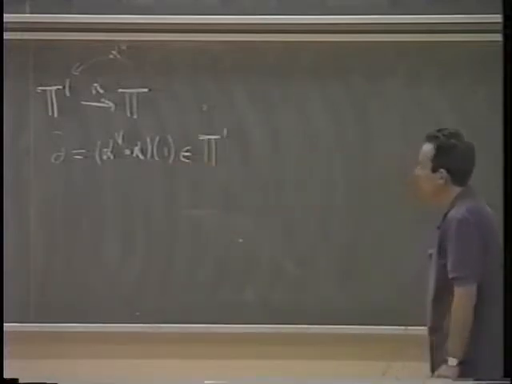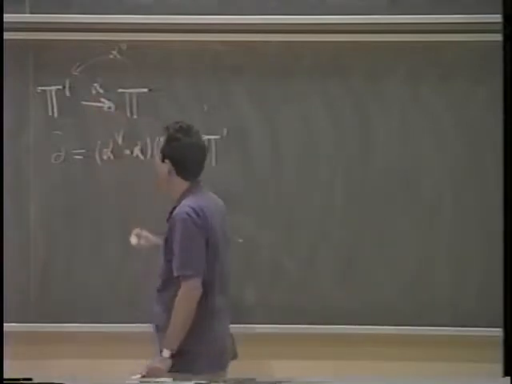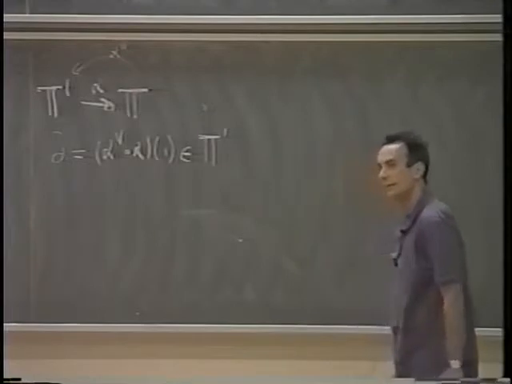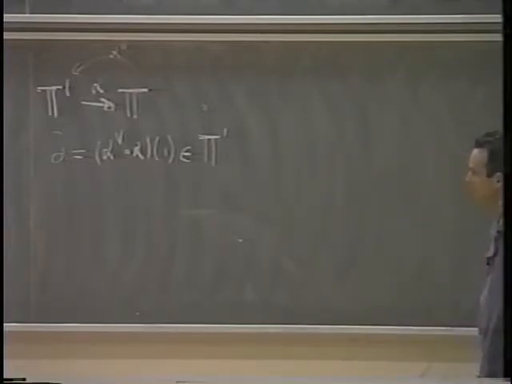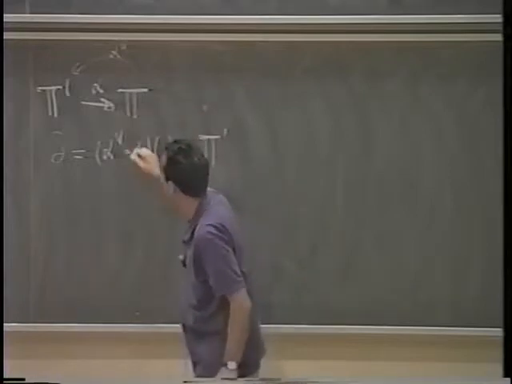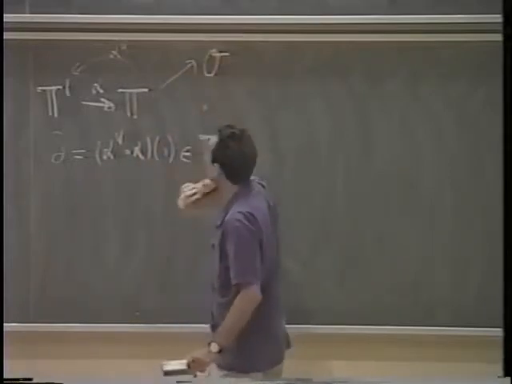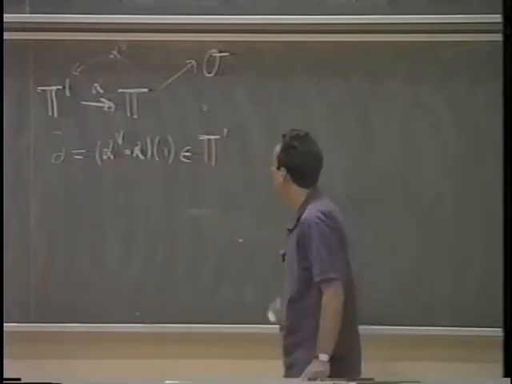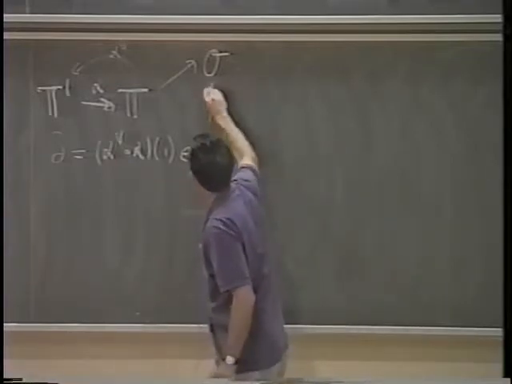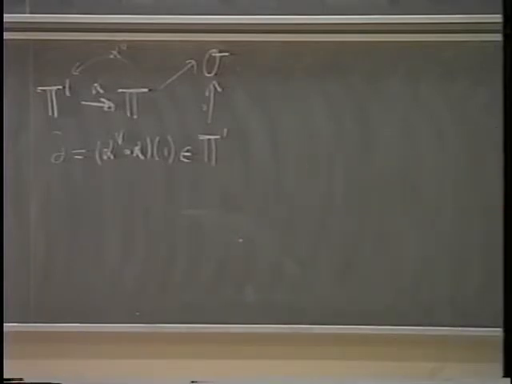And what you want to do, of course, is take this element and first push it down to T. That's the first place where it will really become relevant. And then, of course, T has a quotient O, which is usually written below it, but let's just write it like this. And you're basically thinking about the image of delta in O, which we could maybe, by abusive notation, call delta once again.